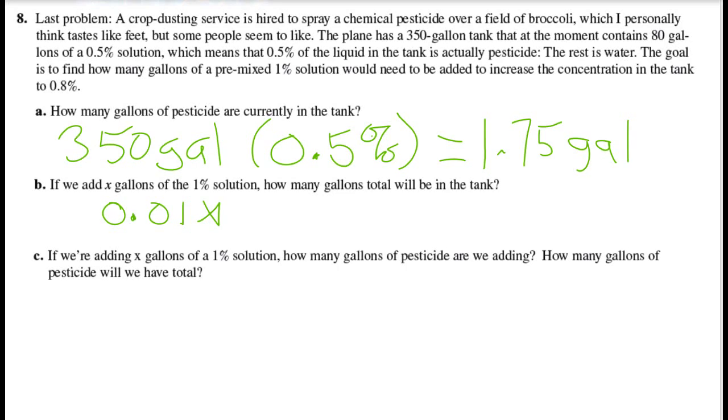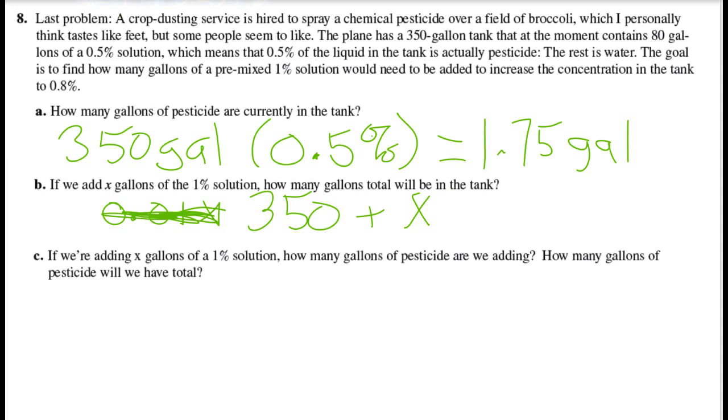If I add X gallons of the solution, that tells me, oh, I'm sorry, I'm thinking about this wrong. So if we add X gallons, how many gallons total will be in the tank? We're going to have 350 gallons plus X gallons. That's going to give us the total in the tank.